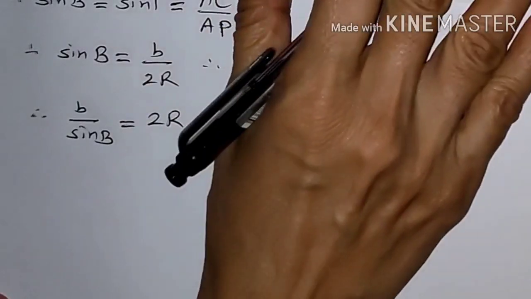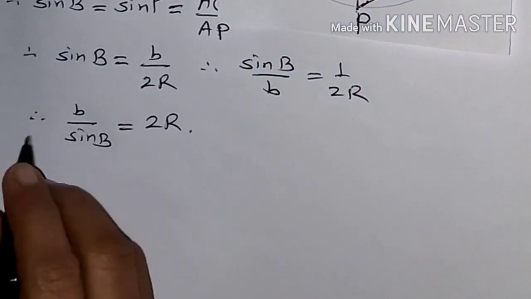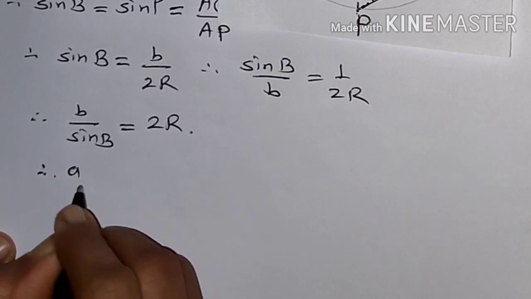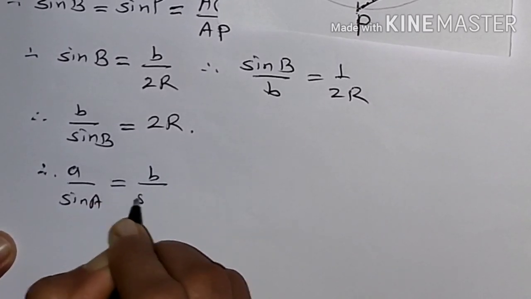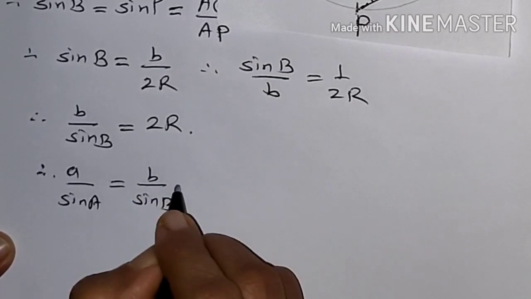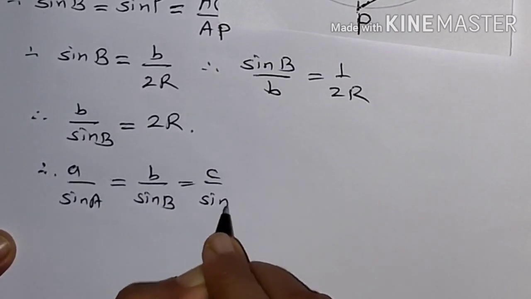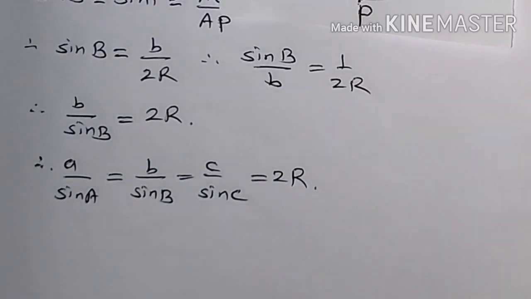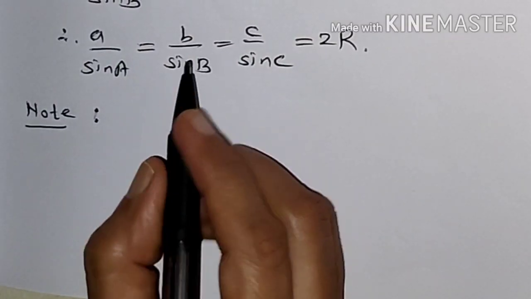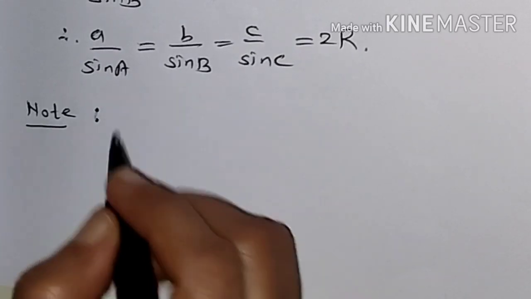And since all three ratios are equal, we can say that a upon sin A is equal to b upon sin B is equal to c upon sin C is equal to 2R. Note, the sine rule can be used in this form.